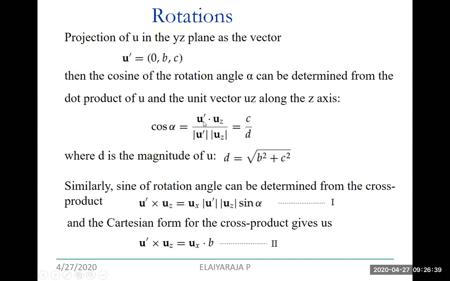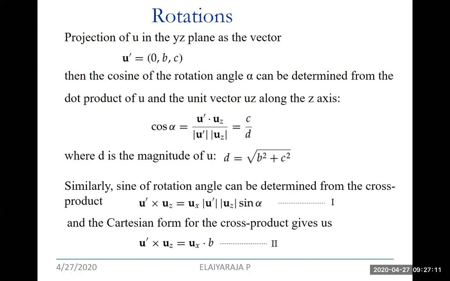U dash value is equal to 0 comma b comma c, where unit vector uz with respect to z axis, what is the value? 0 comma 0 comma 1. So U dash value is equal to 0 comma b comma c. Your unit vector with respect to z axis uz value is equal to 0 comma 0 comma 1.